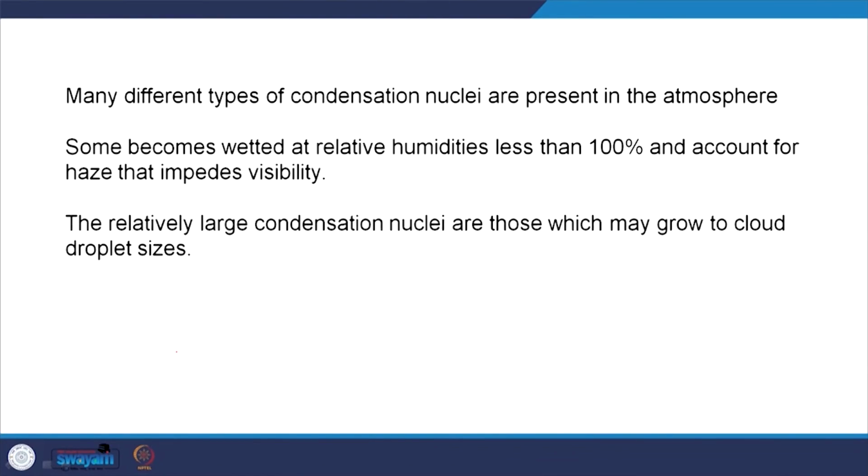The relatively larger condensation nuclei are those which may grow to cloud droplets. So, cloud droplets are small, of course, but when a cloud droplet grows beyond a particular size, you call them rain droplets. That is a different story, right.